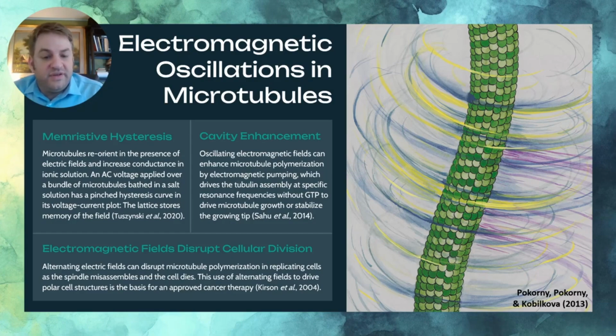And the use of alternating fields to drive the polar structures, such as the microtubules, in the cells has become the basis for an improved cancer therapy, effectively killing cancer cells as a result of this electromagnetic interaction between the microtubules, the spindles, and the field itself. So you can read more about that in Person, 2004, and if I recall correctly, the FDA approved this treatment for certain forms of cancer in 2015.